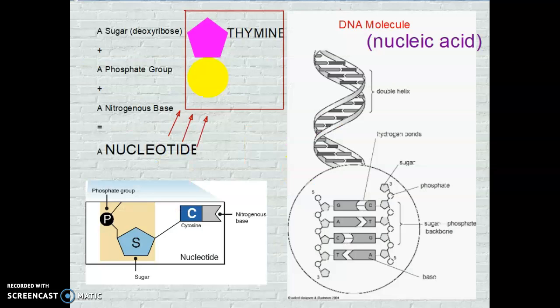All right, so here's a structure of a nucleotide. Pentagon for the sugar, circle for the phosphate group, and their nitrogen base would be in there. So there are 4 nucleotides in DNA. That is it. And this is one showing the phosphate, the sugar, and a C molecule. Okay? So if you could break all this down, this is what you would see. See? C with G, T with A, and so on.